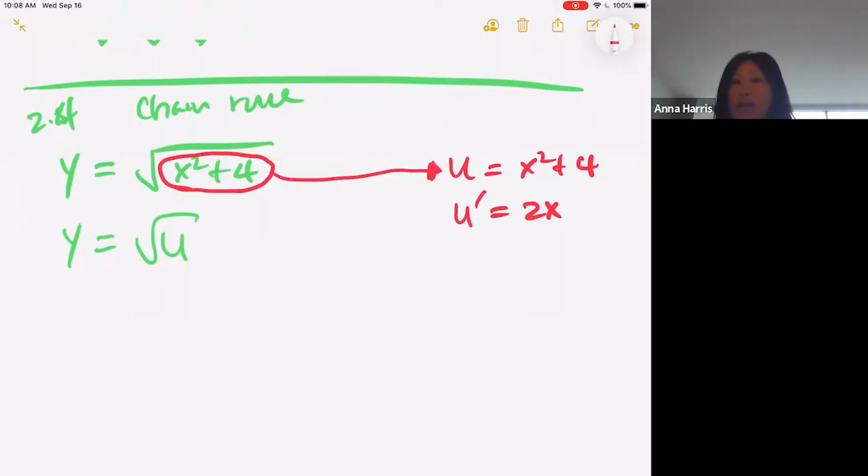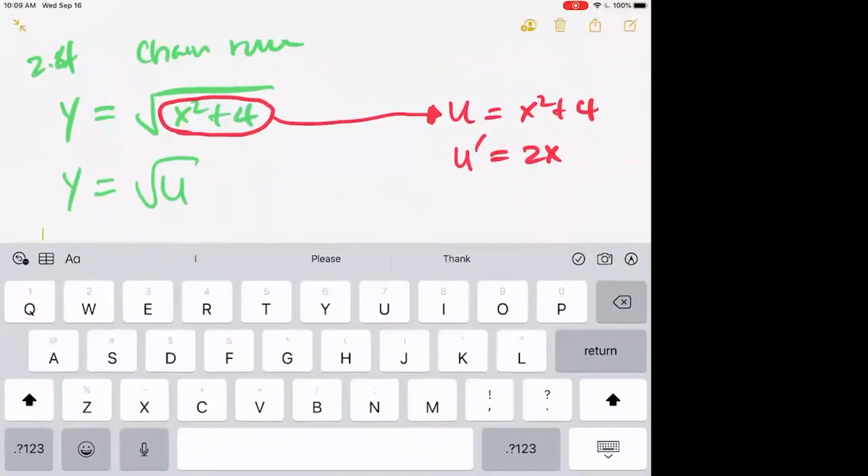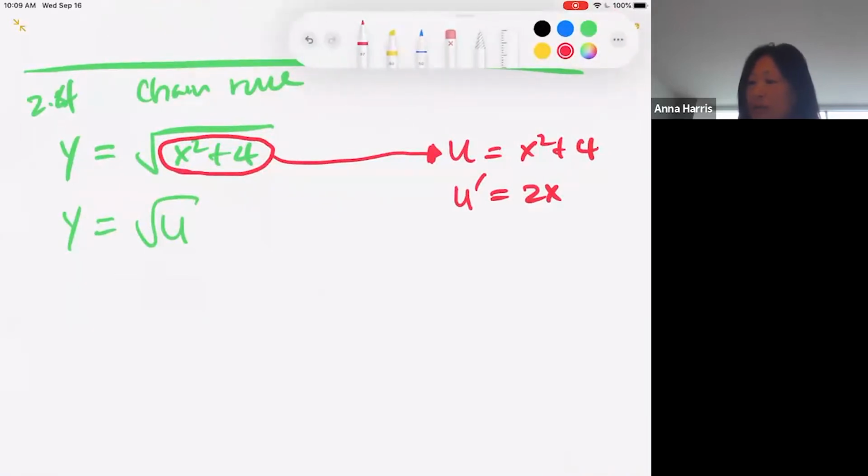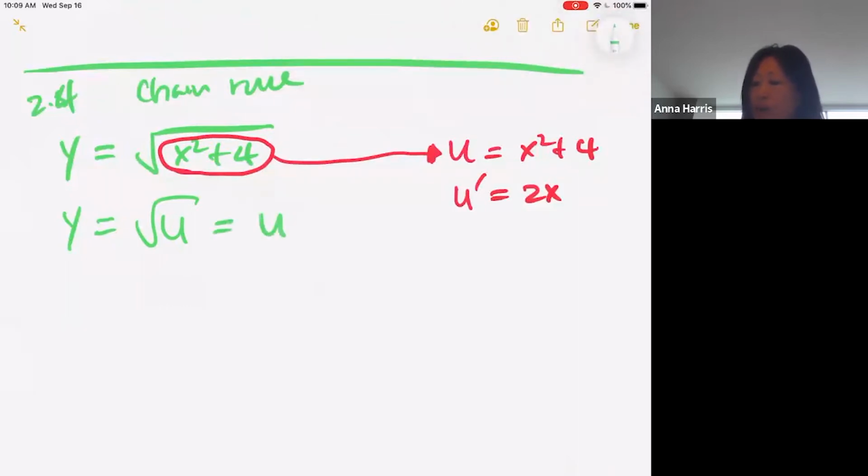We got that. Now, come back to this problem because we just set u equal to x squared plus 4, and we replace x squared plus 4 with this u. And now I'm gonna use a power rule because we learned the power rule. Whenever you use the power rule, you need to make sure you write this problem as a power, not the radical. Then I know how to do it.